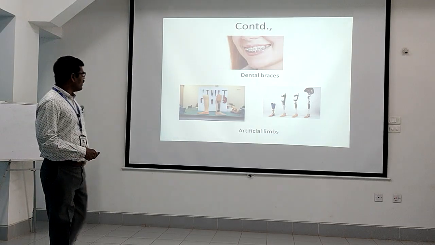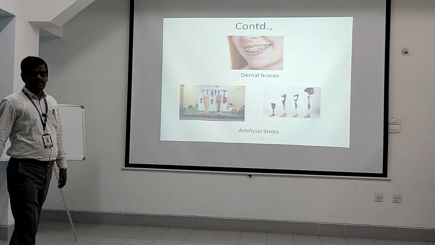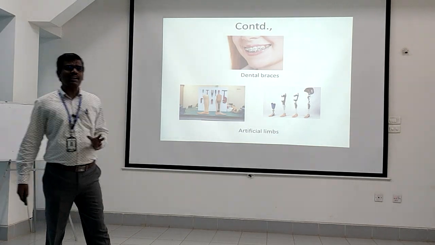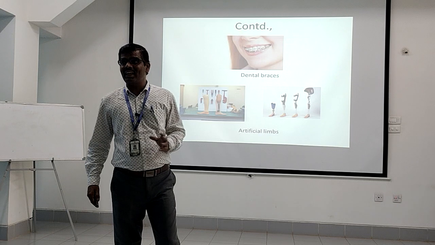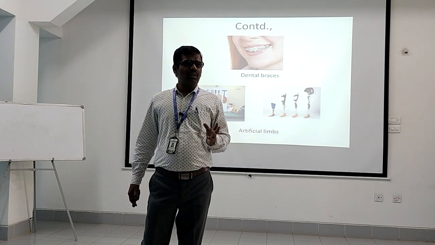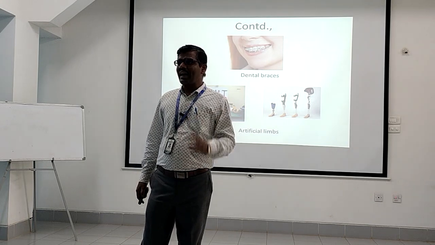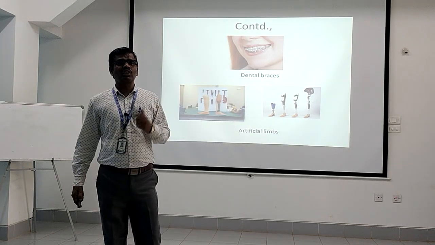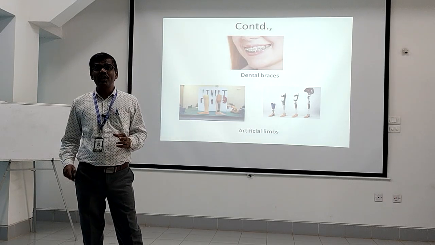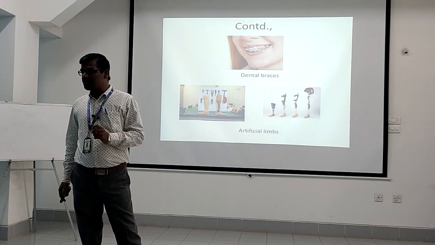And next I will move to artificial limbs. A wide variety of composite materials are used to create an actual limb, such as silicon, titanium, acrylic resins, thermoplastics. These materials are used to give strength to the limbs.